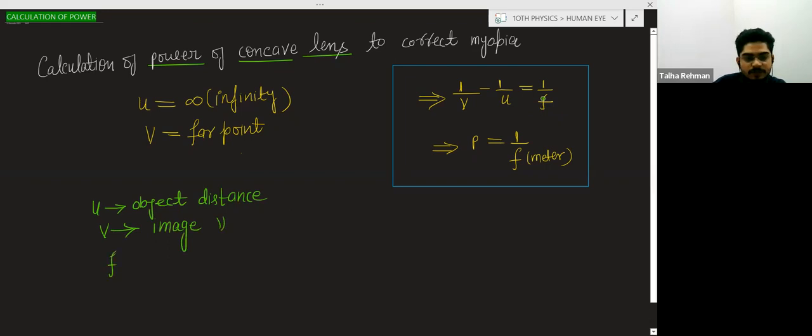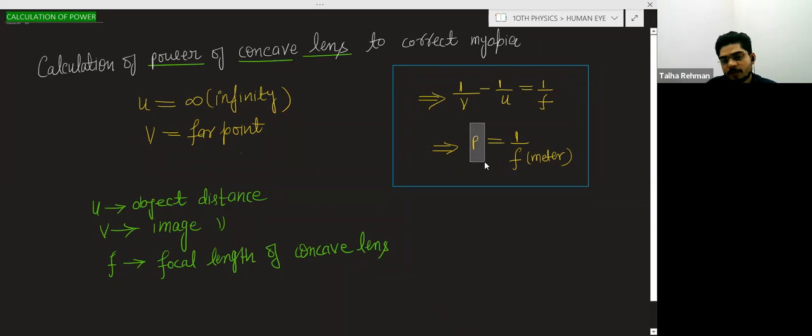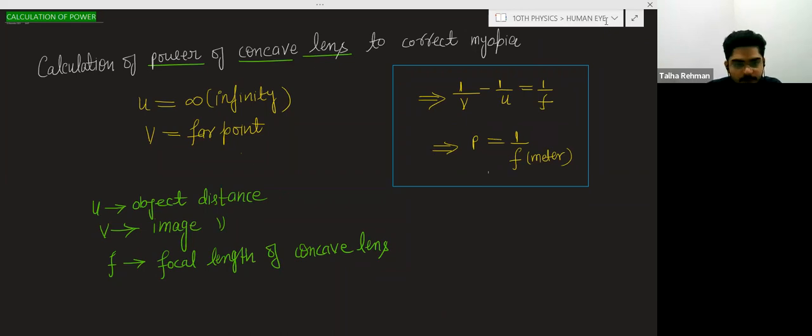What is f? f is the focal length of the concave lens. And power is given by 1 upon focal length. The focal length we take in meters, then we get the power in diopter. The unit of power is diopter. So remember this point.